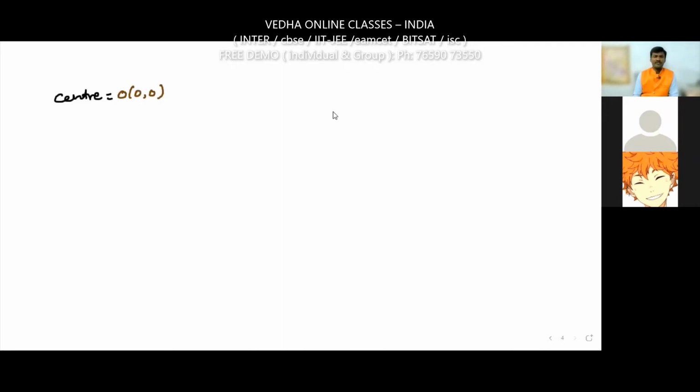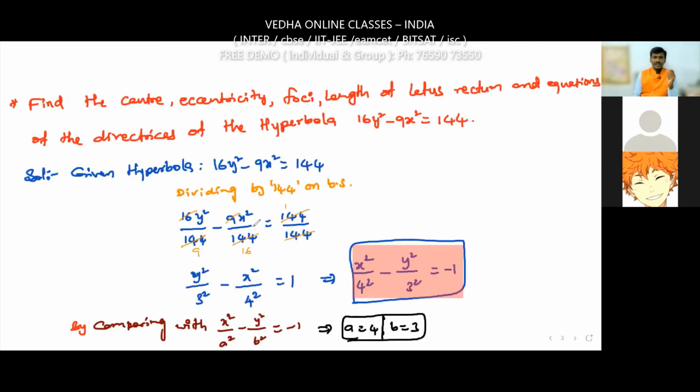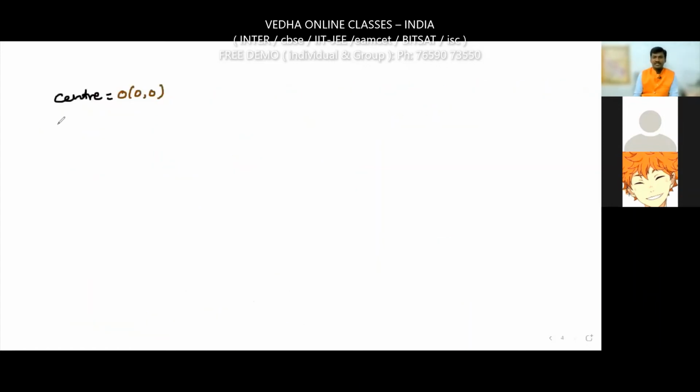After that, what we have to find is the eccentricity. Eccentricity e is equal to under root of a square plus b square divided by b square.